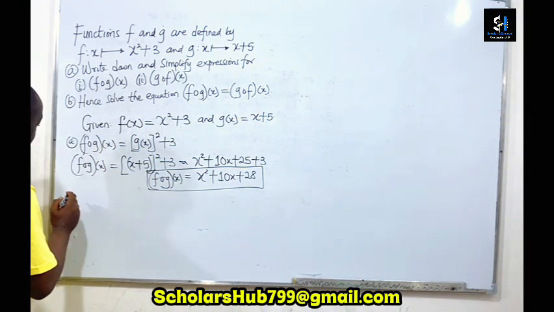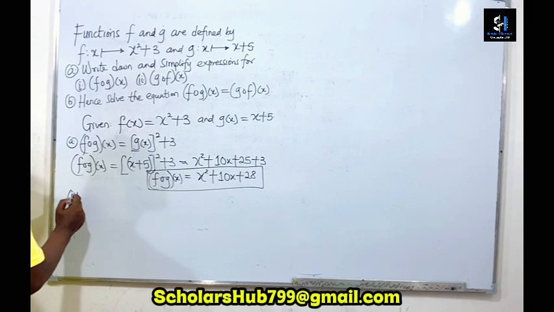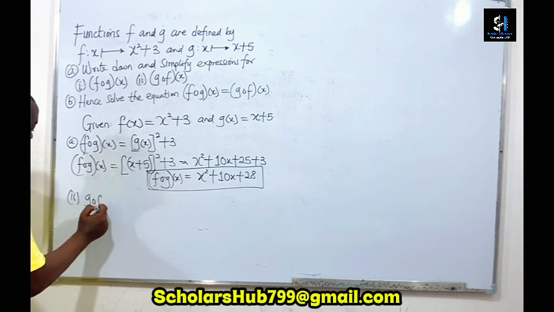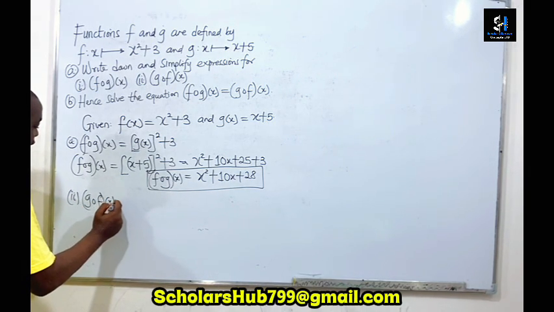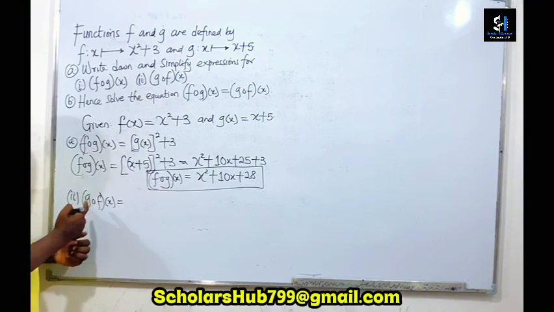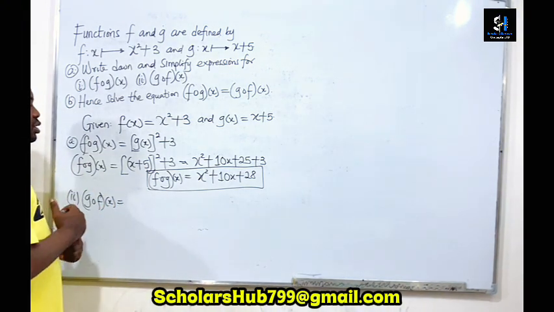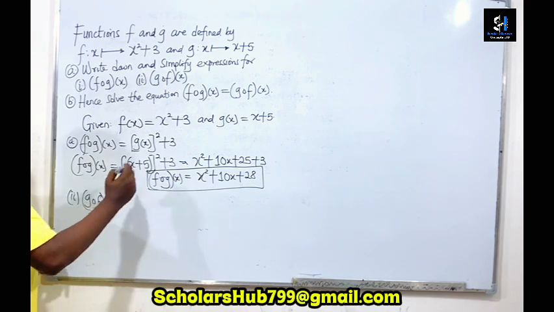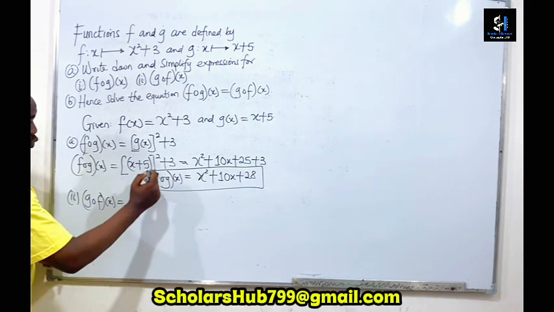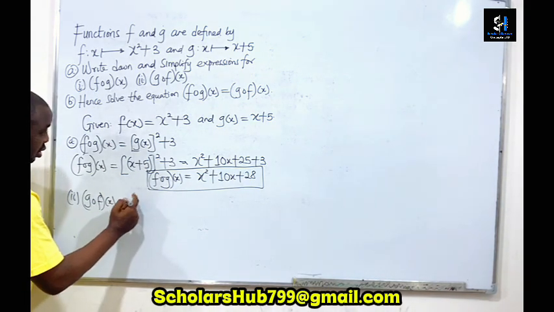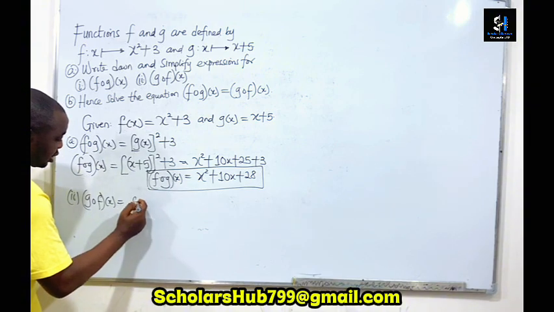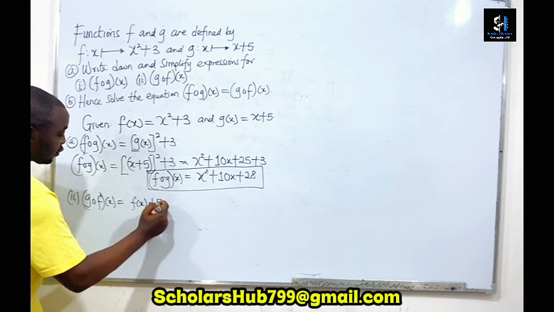Now for Roman numeral 2, the expression for gf of x. This is when I'm going to substitute f of x for x in g of x. So instead of x, I'm going to write f of x, then plus 5.